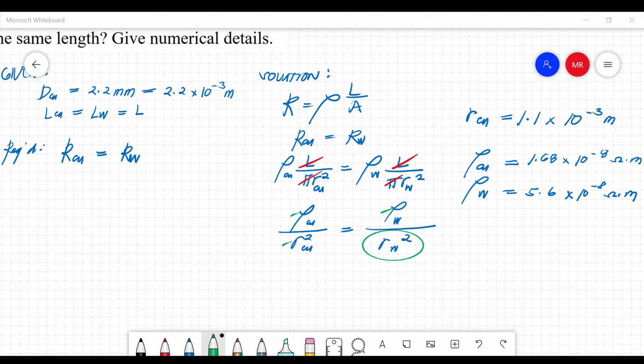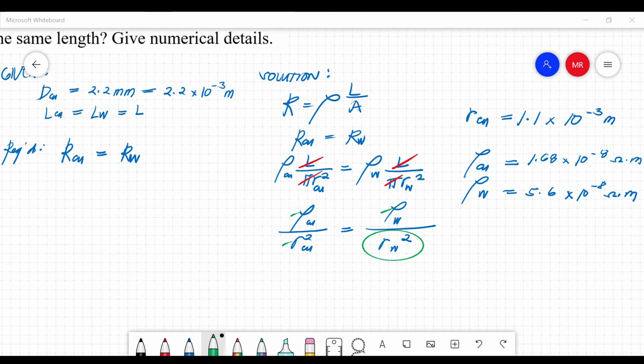We have the resistivity of copper, 1.68 times 10 raised to negative 8, over the radius of copper, 1.1 times 10 raised to negative 3, squared, times alpha.